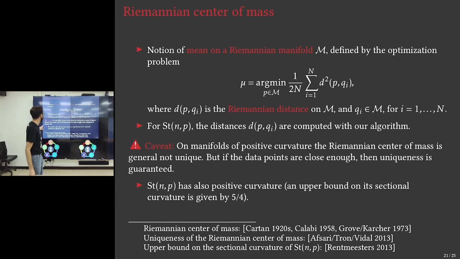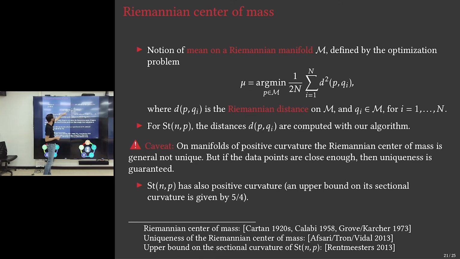If you want to have more details, let's see the Riemannian center of mass that we already mentioned a couple of months ago, but let's see it again. The Riemannian center of mass is a possible notion of mean on a Riemannian manifold, and it is defined by an optimization problem.